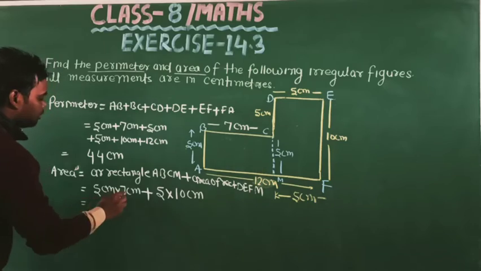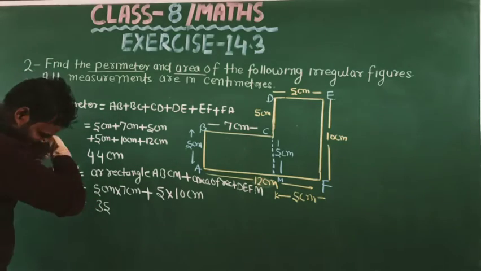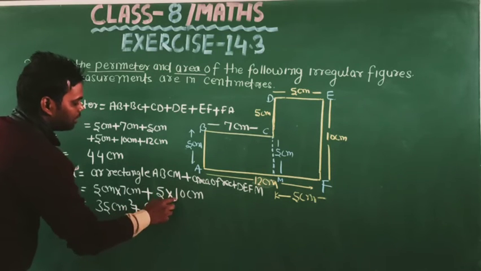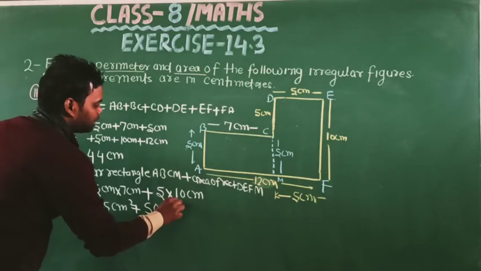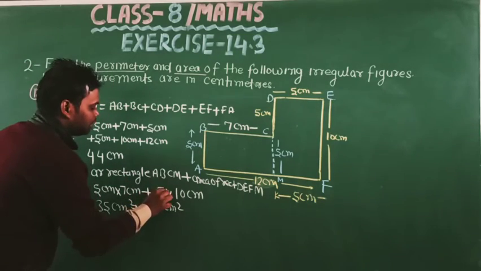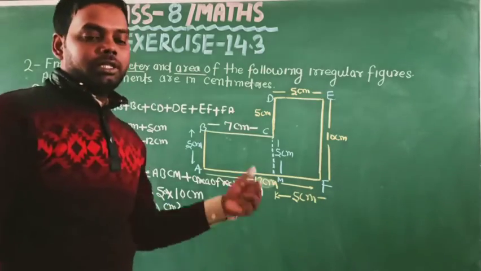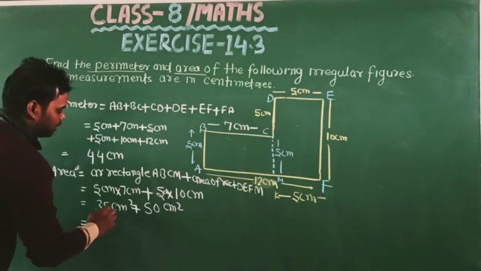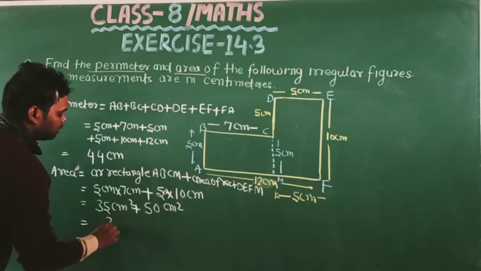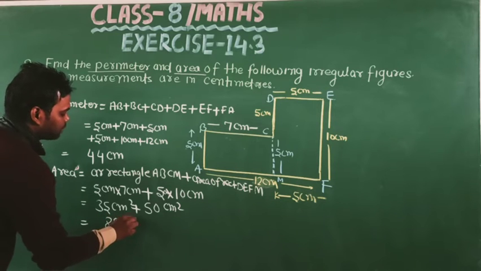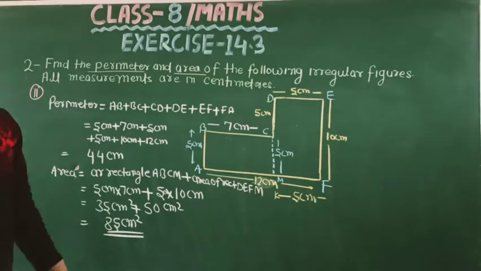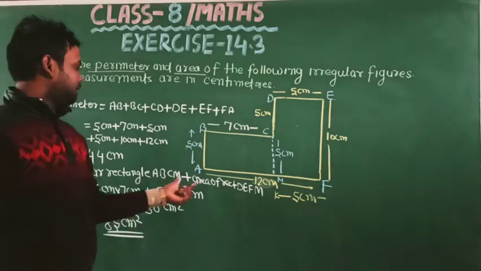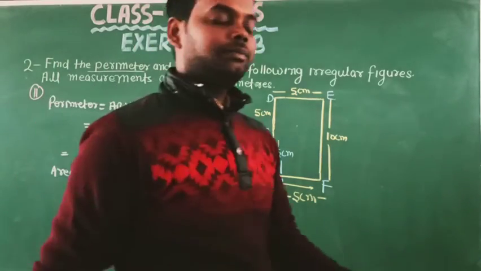So this is 7 5 35 centimeter square plus 50. 10 5 50 centimeter square. Okay, so children, the perimeter of this irregular figure is 44 centimeter and area equal to 85 centimeter square.